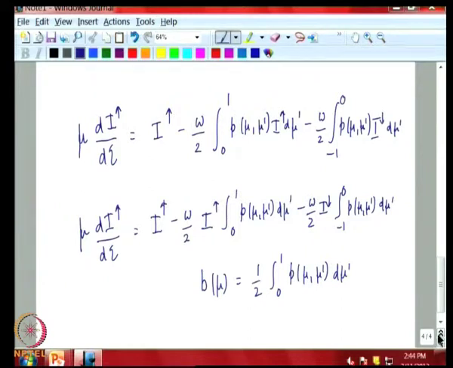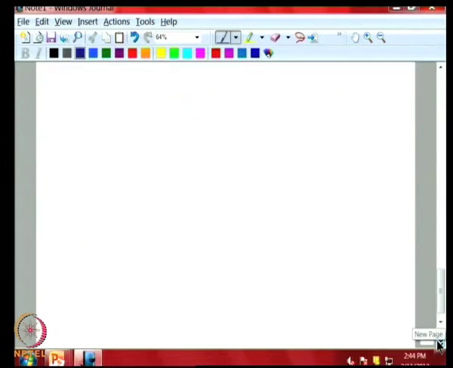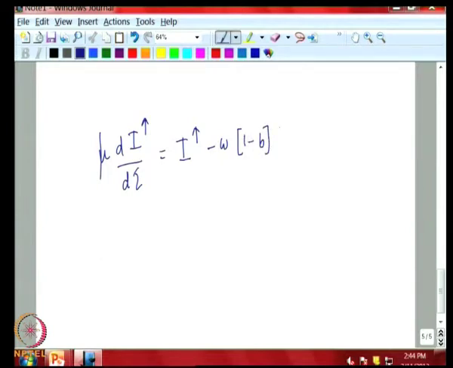So, once we make this simplification, the final equation now for intensity upwards as a function of tau is given as I upwards minus single scattering albedo into 1 minus B into I upwards minus omega into B into I downwards.